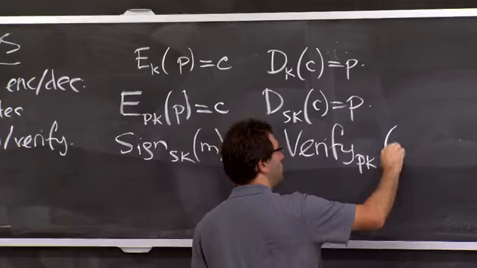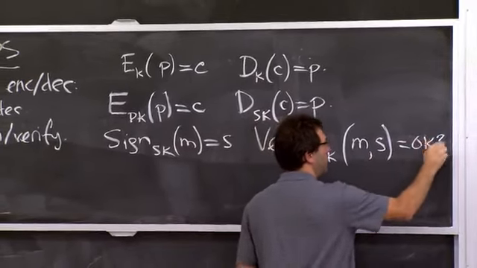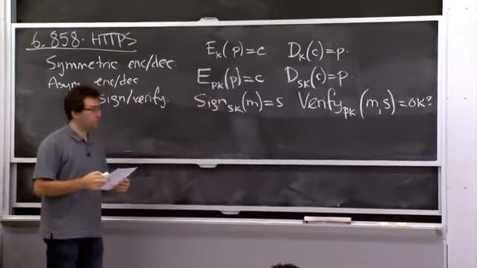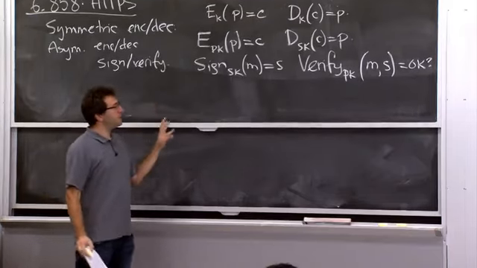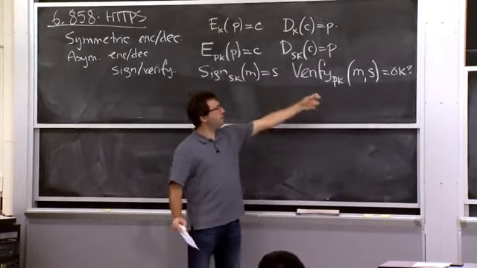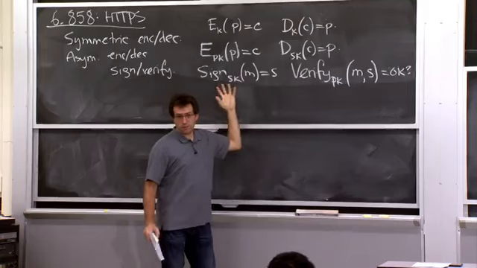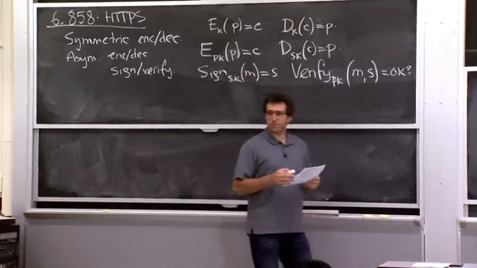You get the message and a signature, and out comes some Boolean flag saying whether this is a correct signature or not on that message. And there are some relatively intuitive guarantees that these functions provide. If you, for example, got this signature and it verifies correctly, then it must have been generated by someone with the correct secret key, etc. Make sense in terms of the primitives we have?